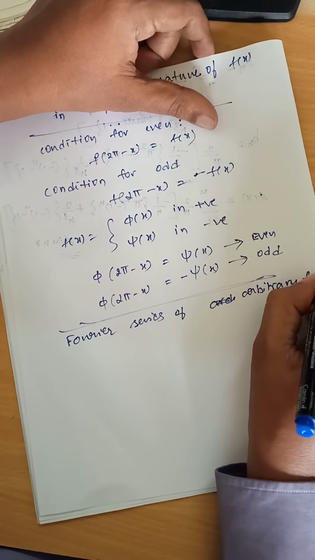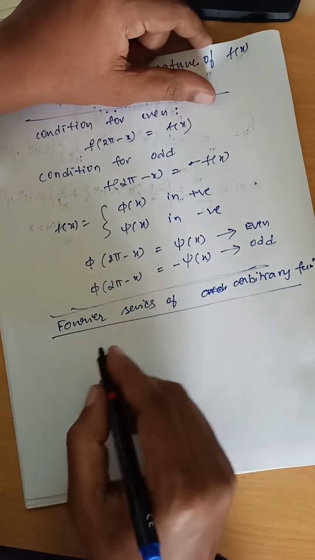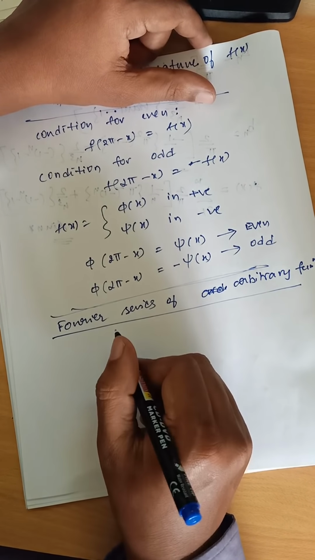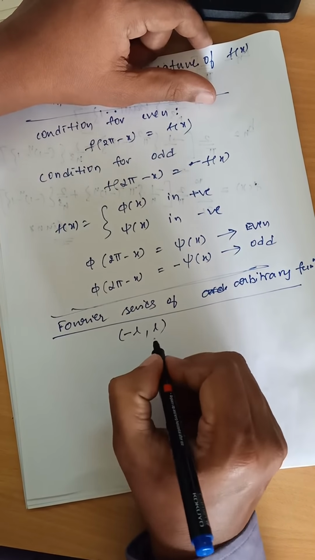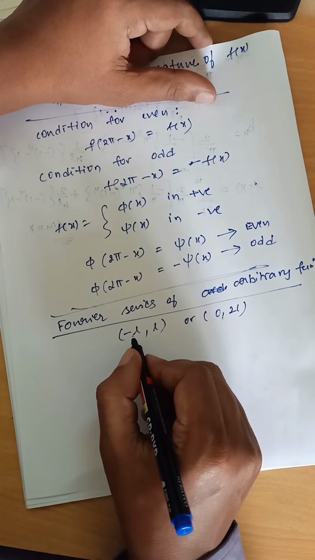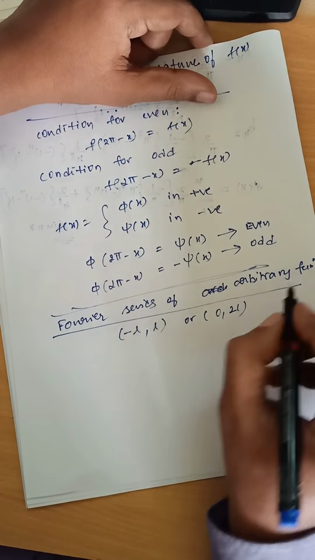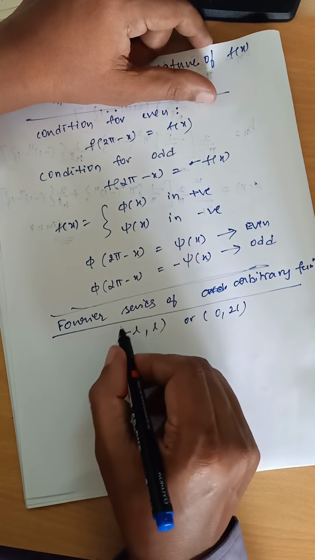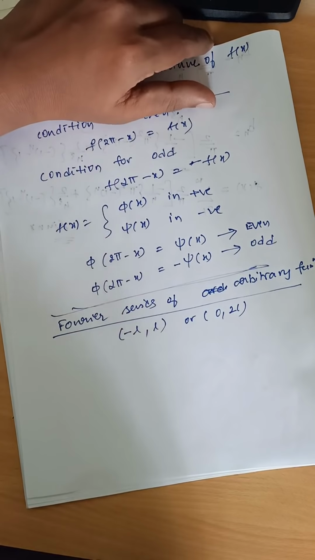Arbitrary functions means instead of minus pi comma plus pi or 0 comma 2 pi, here we use minus L comma plus L or 0 comma 2L. You can take L values maybe 1, 2, 3, etc. That is why we call it arbitrary period: arbitrary interval minus L comma plus L or 0 comma 2L.